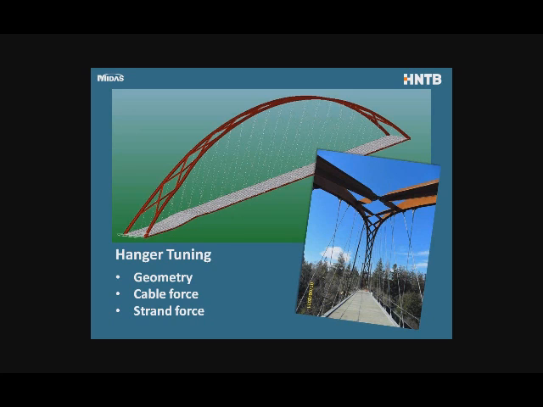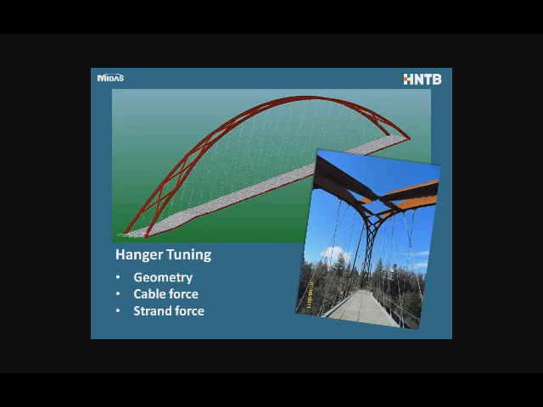So the arch is completed. We're going to go around and survey the forces. You can do that with a lift-off test with the larger cables, or you can do it with a tensiometer with the smaller cables, where you just deflect the strand a little, and from that you can deduce what force is in the cable. And then we go through and have to come up with a cable adjustment schedule.